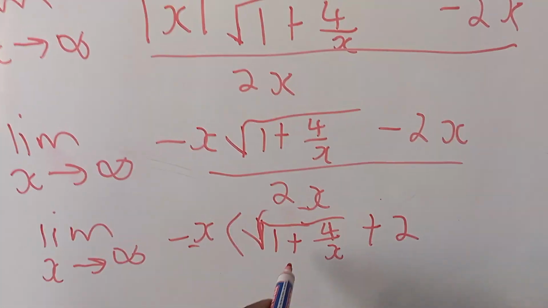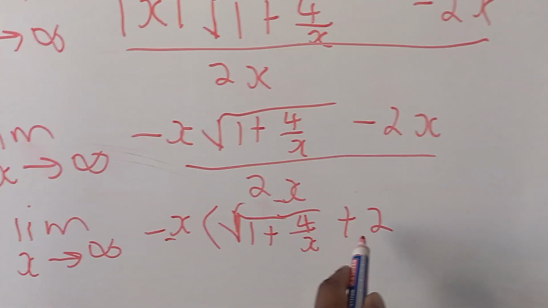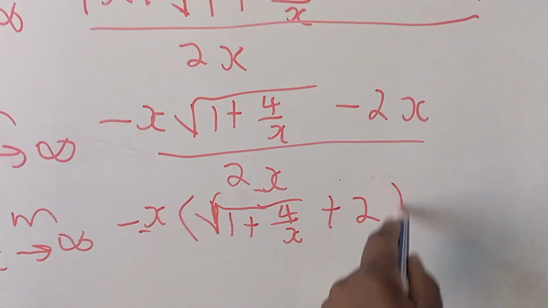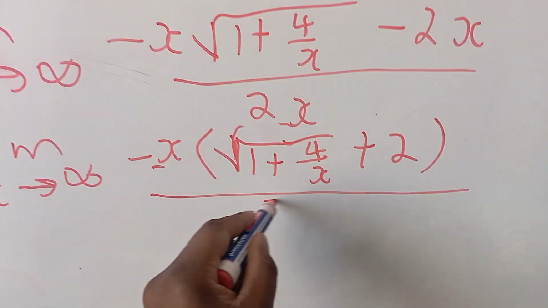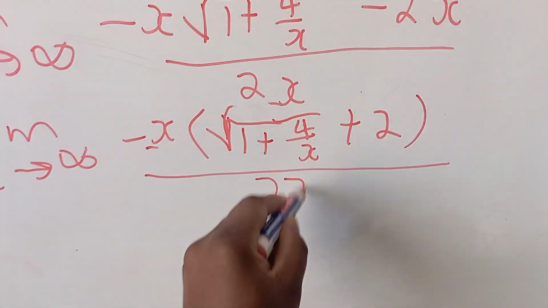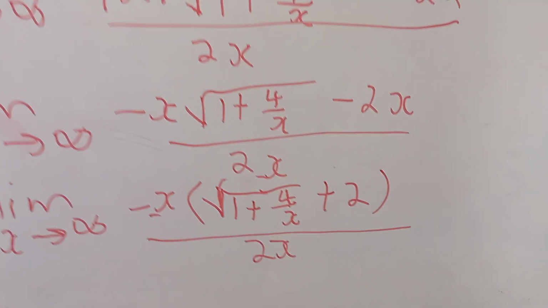Because when you multiply this by this, we get this. Then when you multiply by 2, we get plus 2, all over 2x, because we still have the 2x underneath.